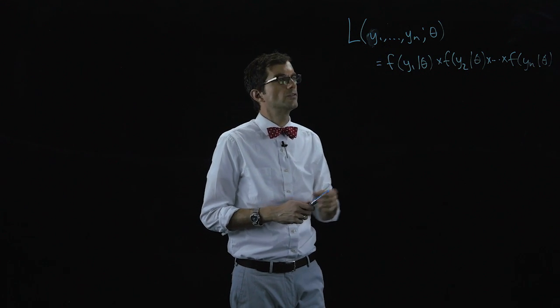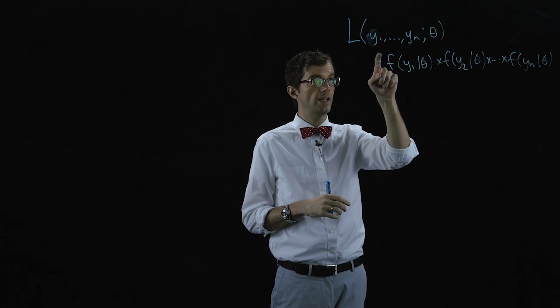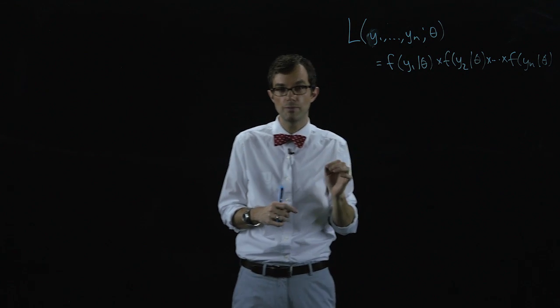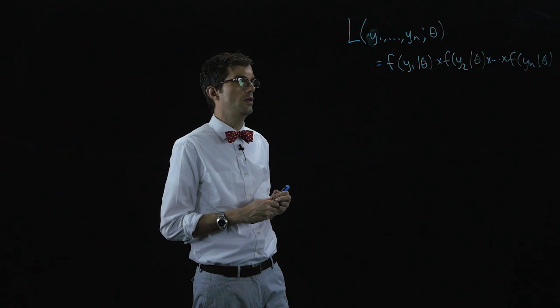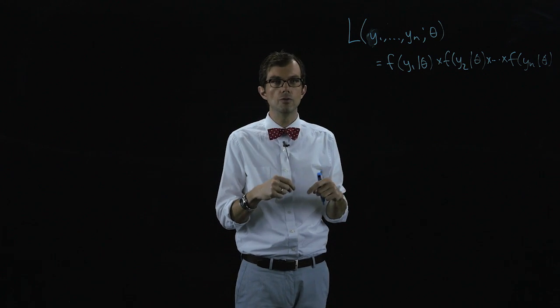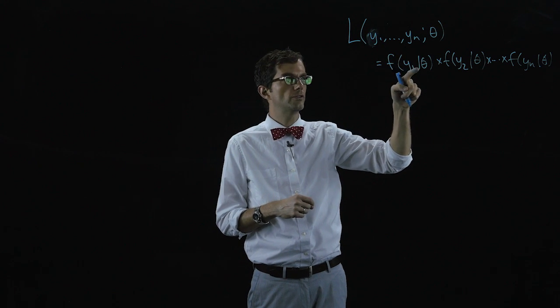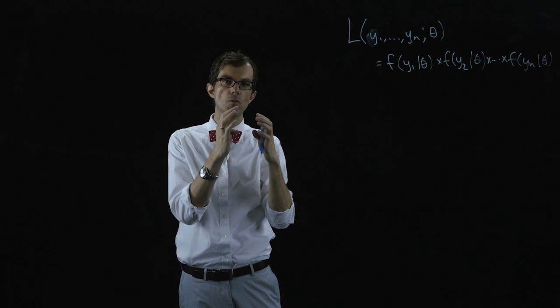This is just the way we're defining it: the likelihood function is the PDF evaluated for each one of the observations in our sample of size n. What we want to do is maximize this function with respect to theta. Theta is the general parameter from this probability distribution.